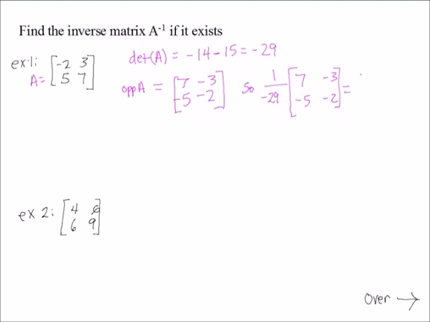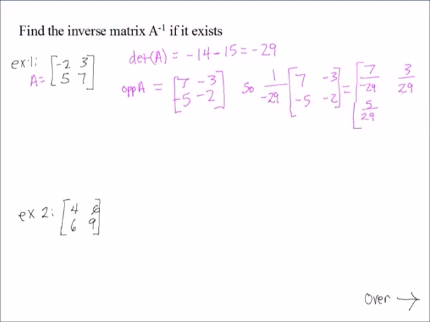Okay, so this is going to be equal to, prepare yourself, 7 over -29. Negative and a negative is a positive, so this is going to be 3 over 29. Negative is a positive, so this is 5 over 29. And let's go ahead and clean that up a little bit.